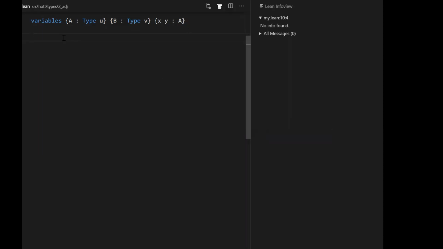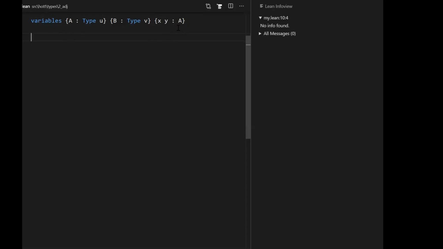So this is what Lean looks like, or at least Lean under Visual Studio Code. Just introducing a bit of the syntax here. These are just variables in our context. So I have two types A and B, and I have 2 points x and y in A. That's all that means.